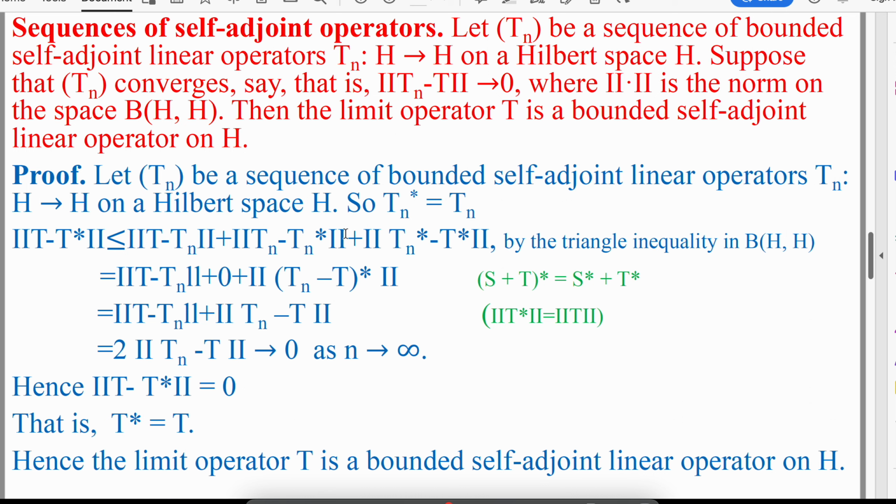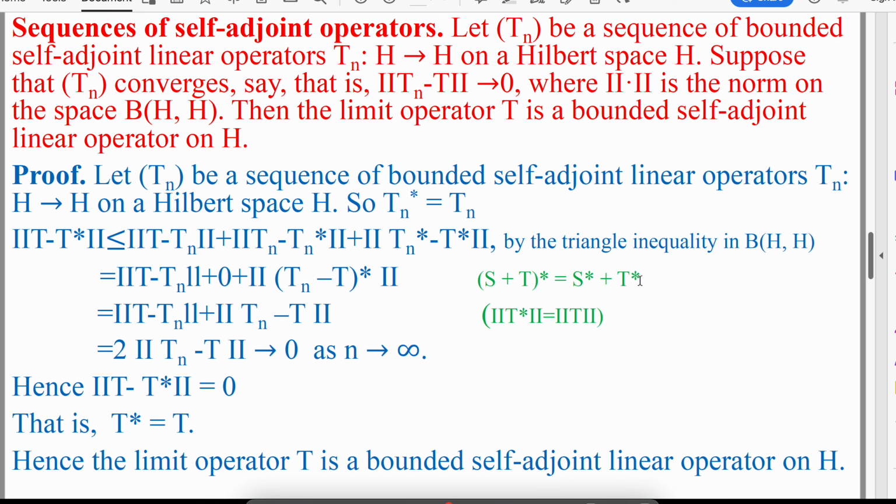But Tn is a self-adjoint operator, and therefore Tn star equals Tn. So Tn minus Tn star is 0. So this is equal to the norm of T minus Tn plus the norm of Tn star minus T star.